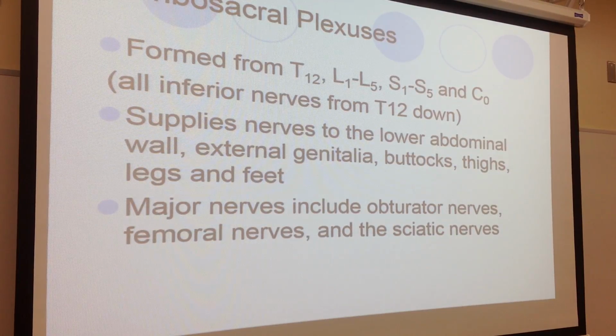And fibers out of the lumbosacral plexus then go on to supply, well, basically everything in the lower part of the body. The lower abdominal wall, the external genitalia, the buttocks, the thighs, the legs, the feet, you name it. There you go. So those nerves, like the sciatic nerve, the longest one in the body, is coming out of that lumbosacral plexus.